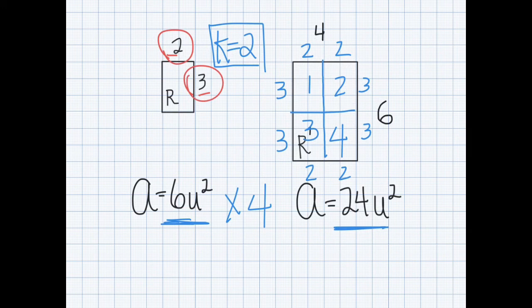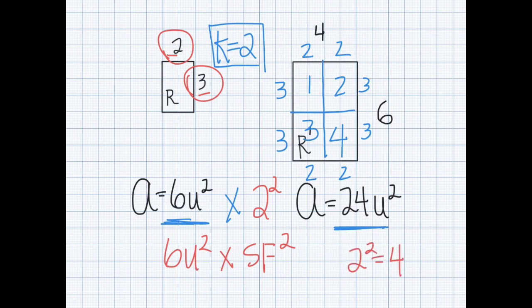This means that we would need to take the original area of 6 units squared and multiply it by the scale factor squared. This is why it is 4 times larger, because 2 squared is equal to 4. This is 4 times larger than the original area.